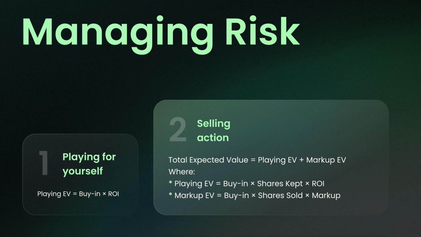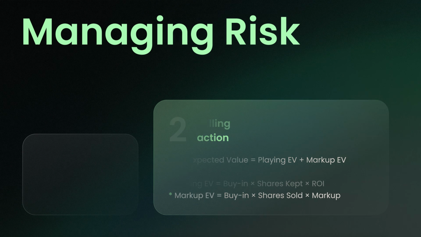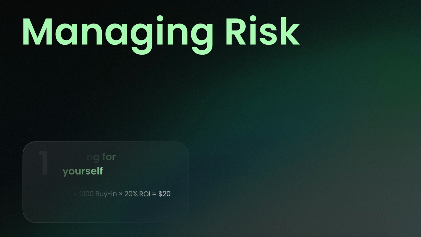So the markup oftentimes is set at half the expected ROI. So if you had an expectation of 10% ROI in a game, you could set the markup at 5%. And the EV of the markup would then just be the buy-in times the shares that you sell multiplied with the markup. Let's use an example.